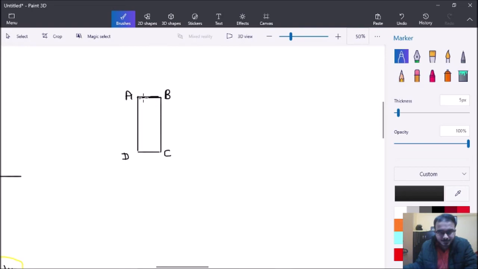So here this will be our fluid element. The pressure forces will be like this.